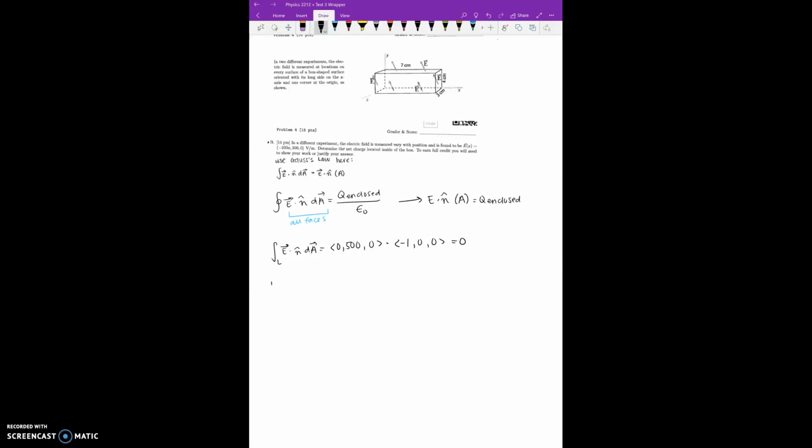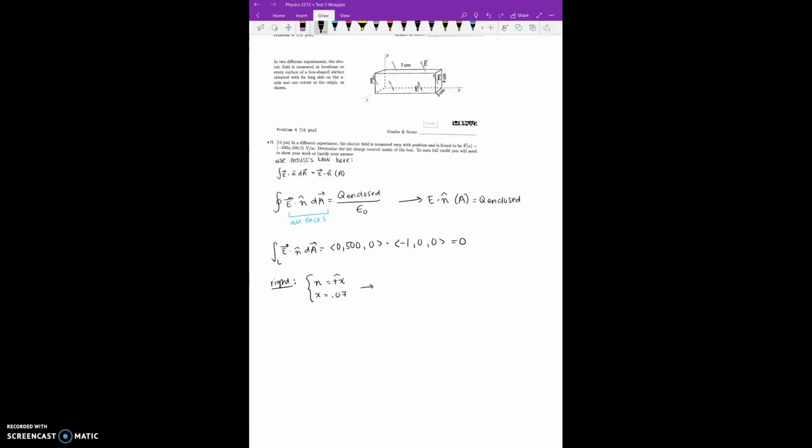So now for the right side, I'm going to just label it right. And here we have a little bit of a different story. We have N going in the positive X direction, but we also have X equal to 0.07 here, as you can see.